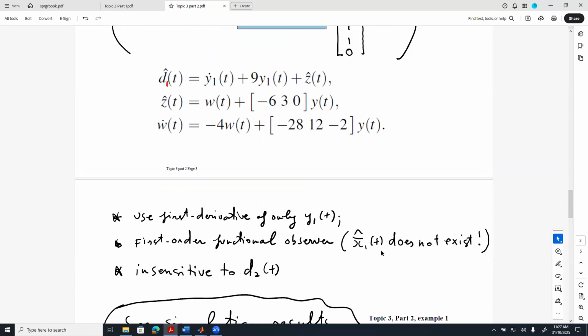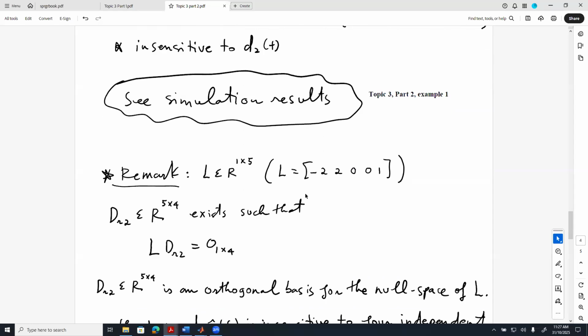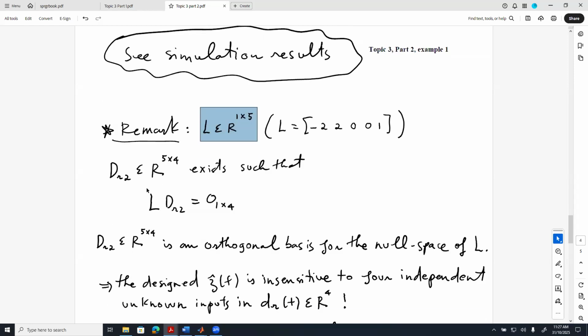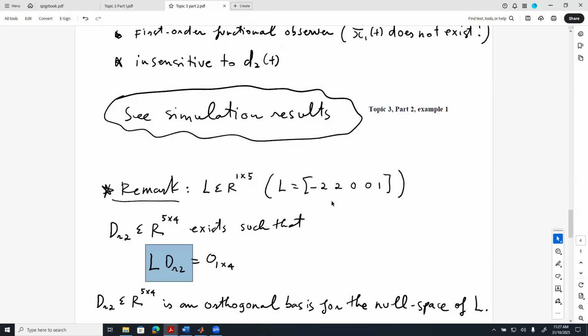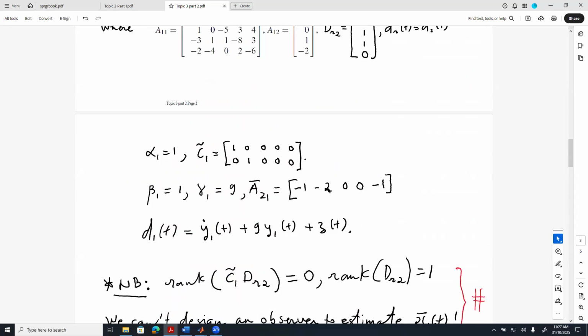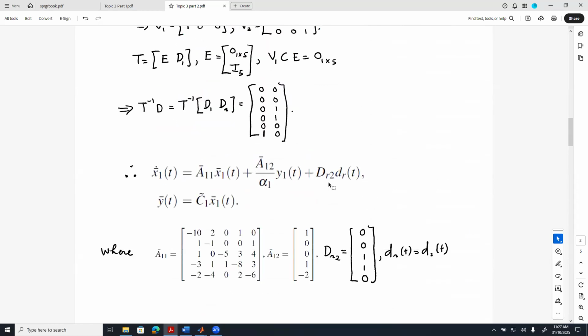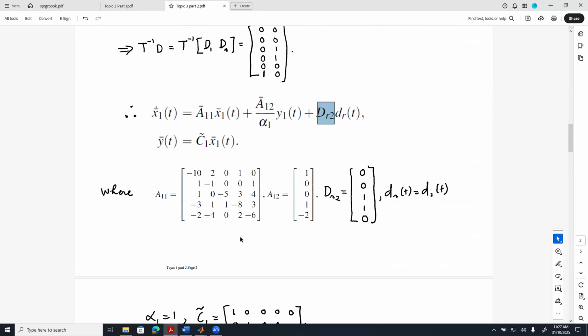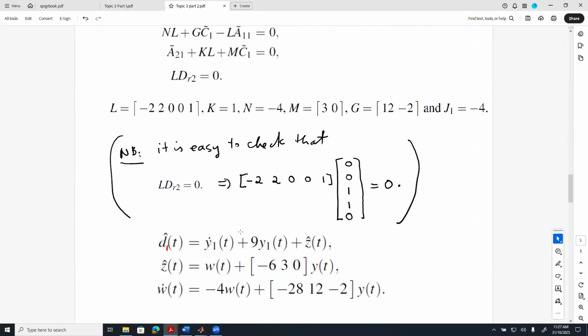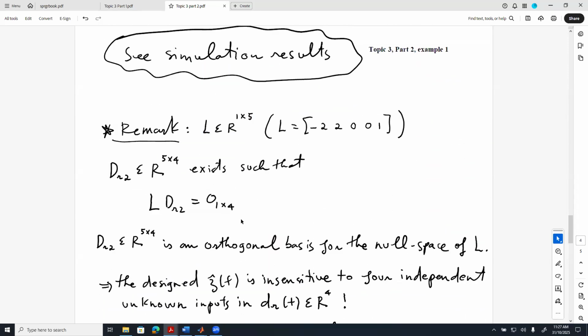And of course, when we look at the null space of L, we actually can have 4 independent columns. In other words, if we take L times the R of 2, which is the submatrix of matrix DR. Okay. Now we could have up to 4 independent columns.